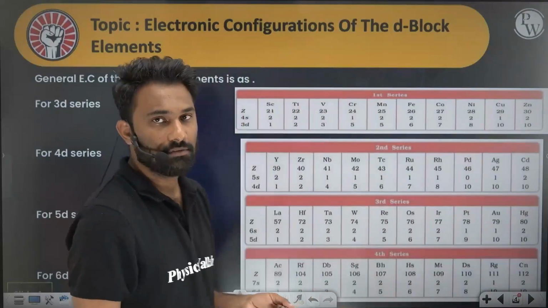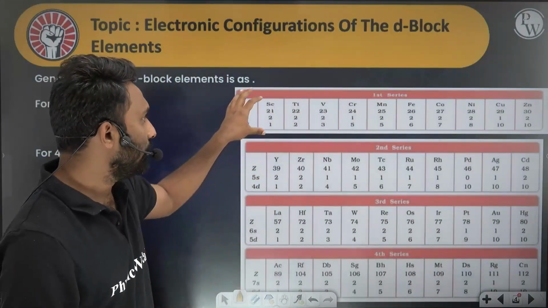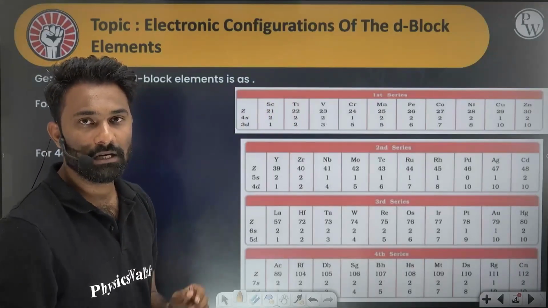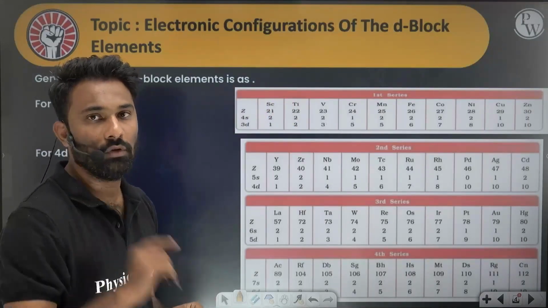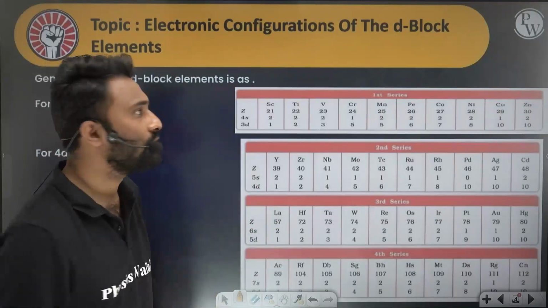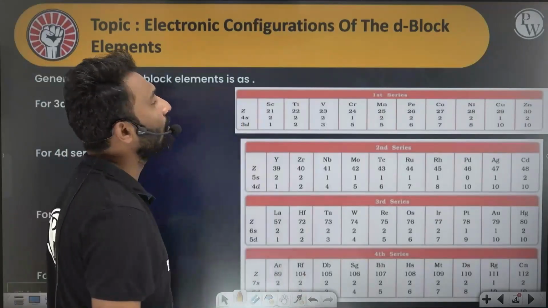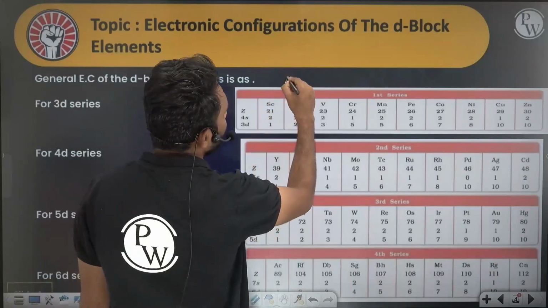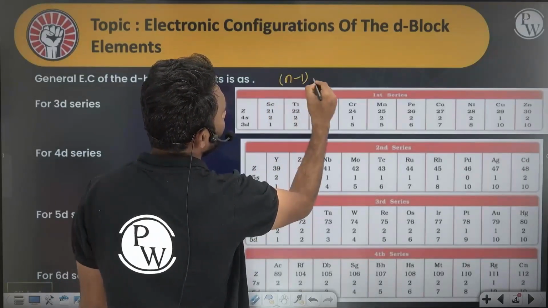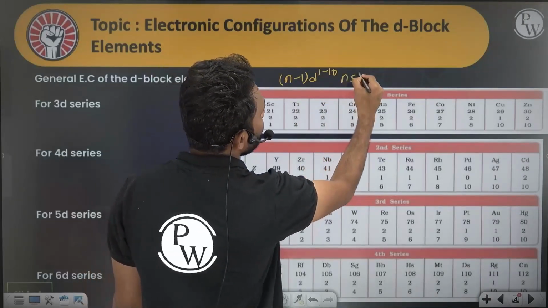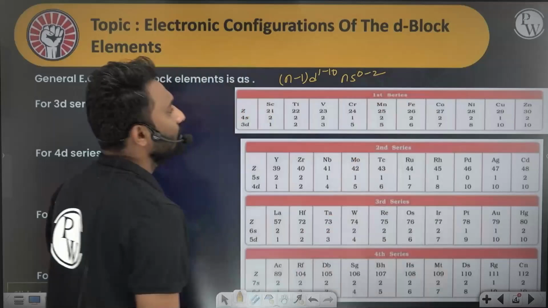Electronic configuration of the d block elements: now d block elements will start from the fourth period, and it has groups 3 to 12, with 10 elements. Now the general electronic configuration of the d block elements is (n-1)d 1 to 10 and ns 0 to 2.